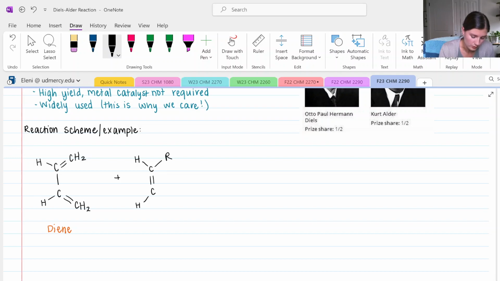I will keep these groups as general R groups. So it could be a longer carbon chain, it could be two more hydrogens, it could be a nitrile group. We'll see a bunch of different examples.